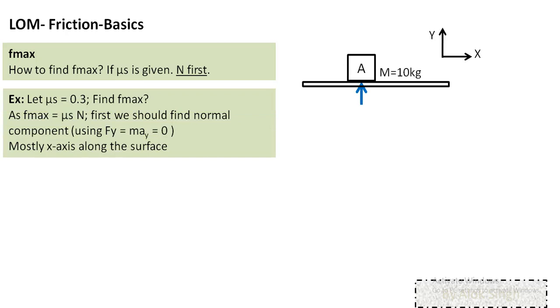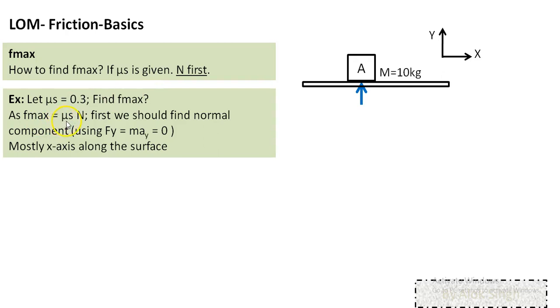How to find maximum friction force if mu s is given? Whenever you have to find maximum friction force, first we have to find the normal reaction. So every time we have to think what comes first: normal reaction first. Let's take a simple example. Here mu s is equal to 0.3. What is the maximum friction force acting on the surface? First we'll find the value of the normal component of contact force.